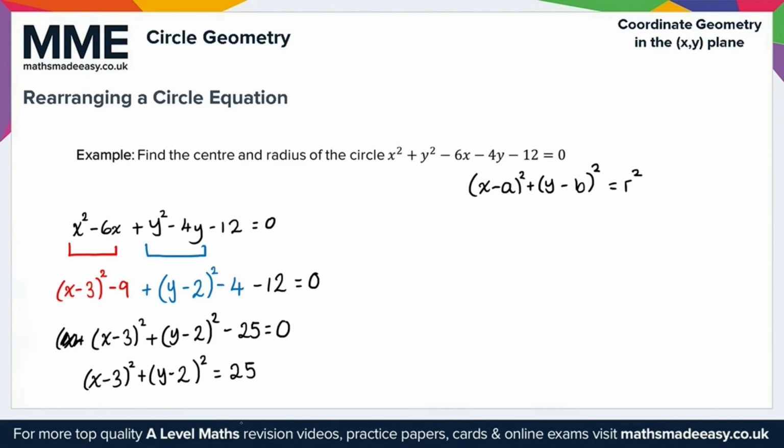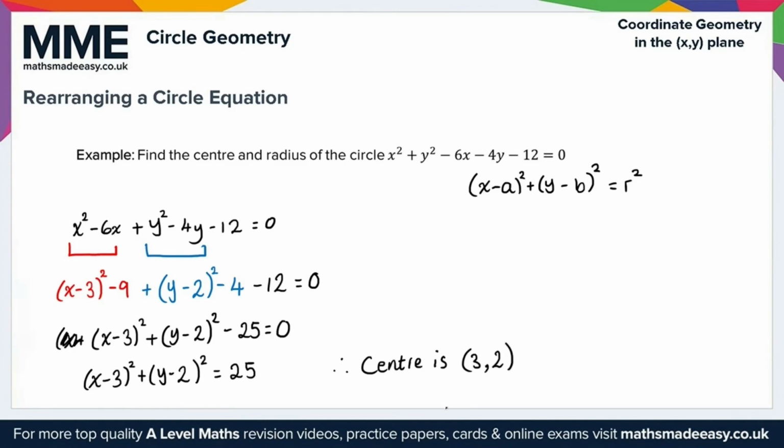And from here, we can easily identify the centre and radius. The centre is given by x minus a all squared plus y minus b all squared. So in that case, my centre is simply positive 3 for the x coordinate and positive 2 for the y coordinate. So it's 3, 2.